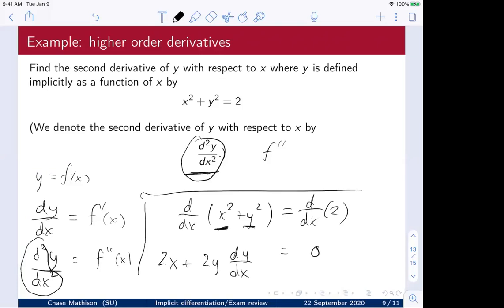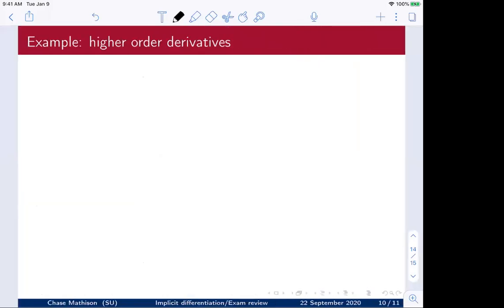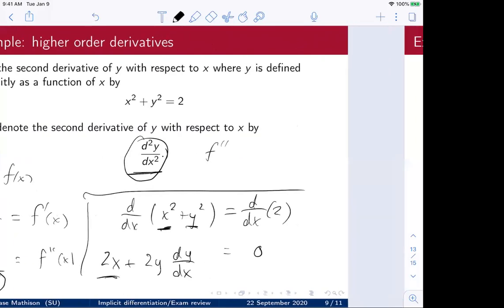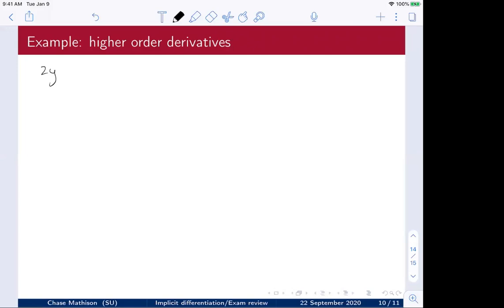So then we do a little subtraction. I'll subtract 2x from both sides, and I'll get 2y dy/dx is equal to negative 2x. And I just divide by 2y, with the caveat that y can't be 0, right?